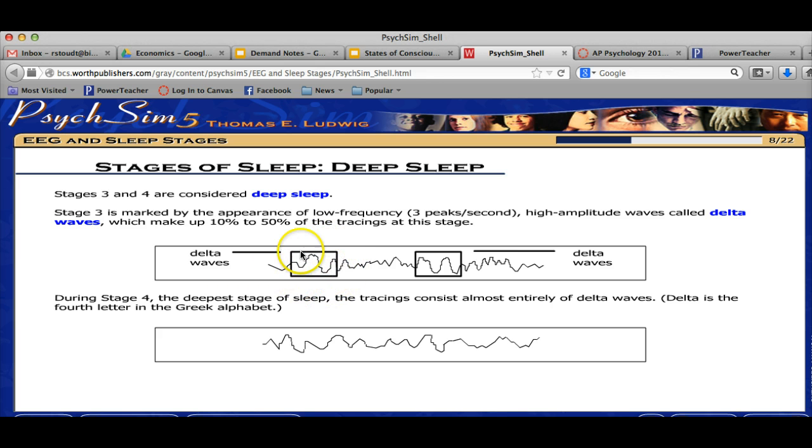Here they highlighted it for you: you have this pocket of a delta wave where you have low frequency and high amplitude, but then it goes to this period of higher frequency and very low amplitude, and then you go back to a delta wave. And then in stage 4, you have completely delta waves, so everything is very low and slow frequency. You're in a deep sleep, but you have very high amplitude, so it keeps going very high. So that's stage 3 and 4.